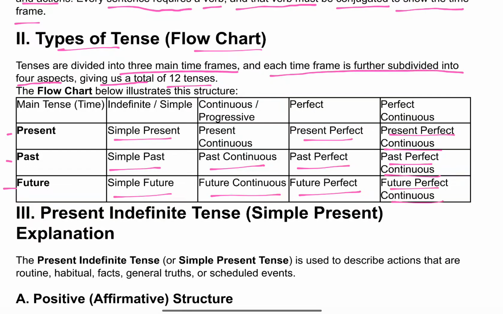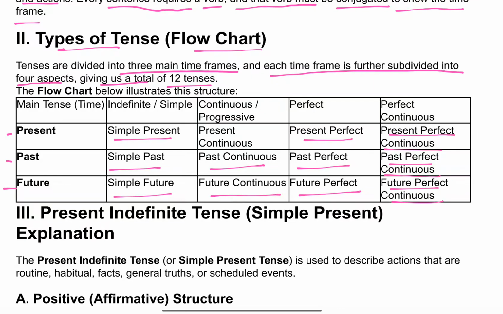Remember, in tense there are three main ones: firstly present, past, and future. In present: present indefinite or present simple, present continuous, present perfect, and present perfect continuous. Then we start past, and the same method is implemented in all.